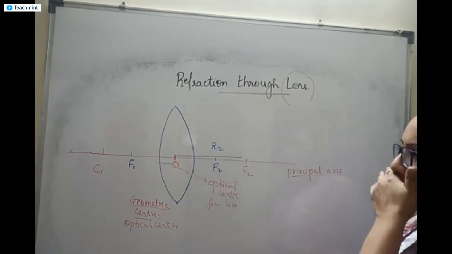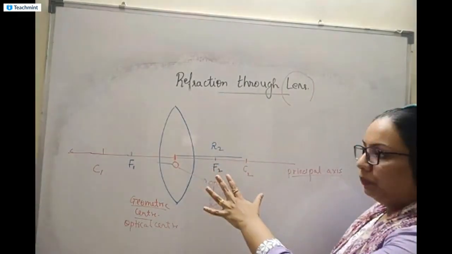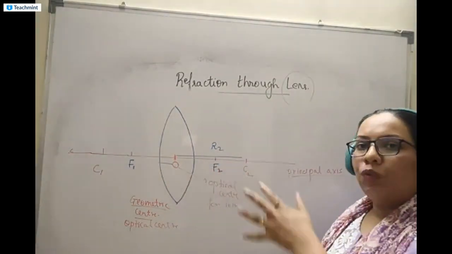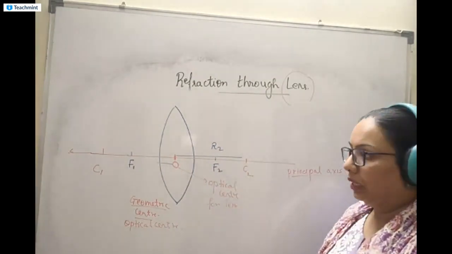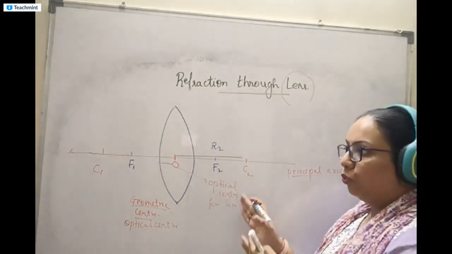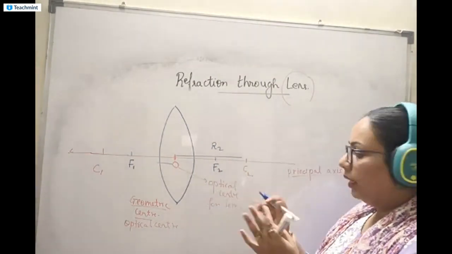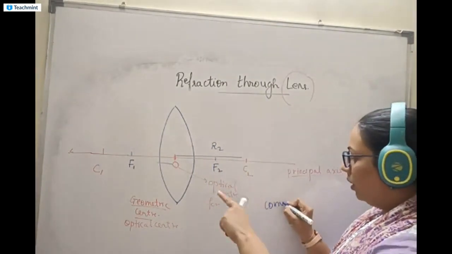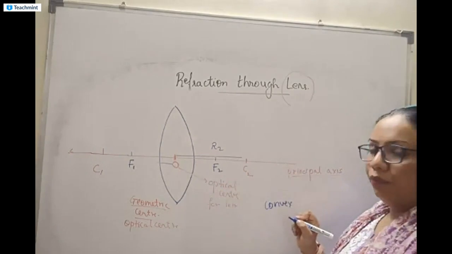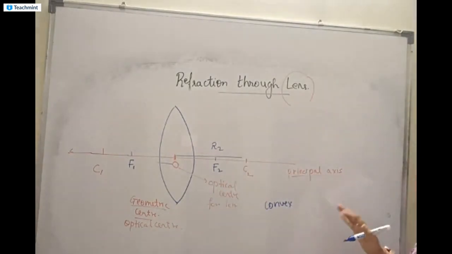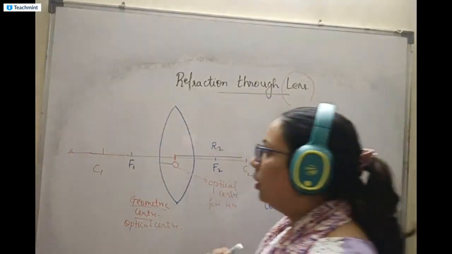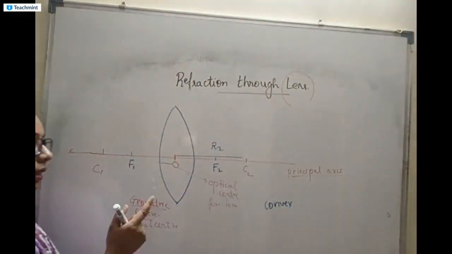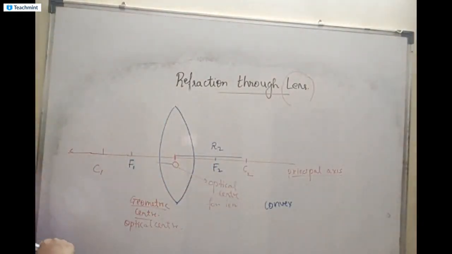Now, whenever you take a convex lens, there are two focuses. So which focus should you write when you do your numericals? Should you take focus 2? Should you take focus 1? This is the most confusing thing, and it will be difficult if you do not know. When you do your diagrams and numericals, this is where you will start finding difficulty.